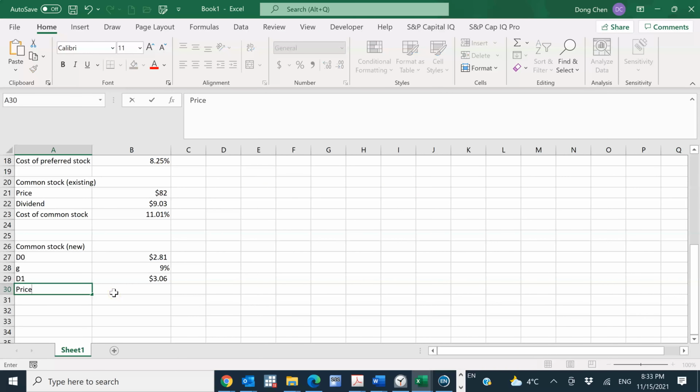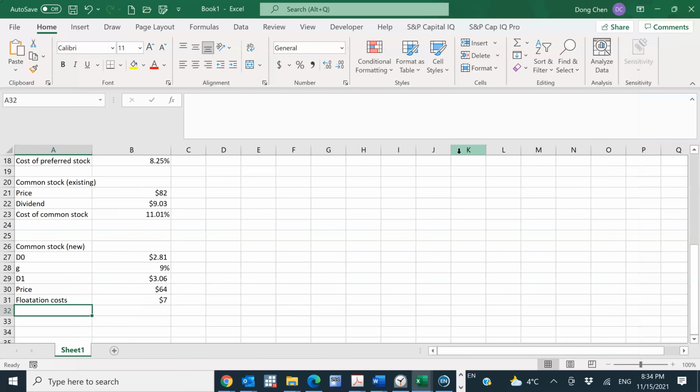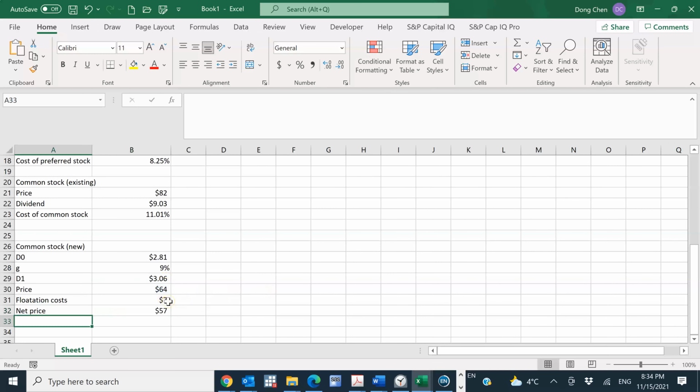So price is $64 and floatation cost is $7 per share. And from that, we can calculate net price or net proceeds, which is price minus floatation cost.